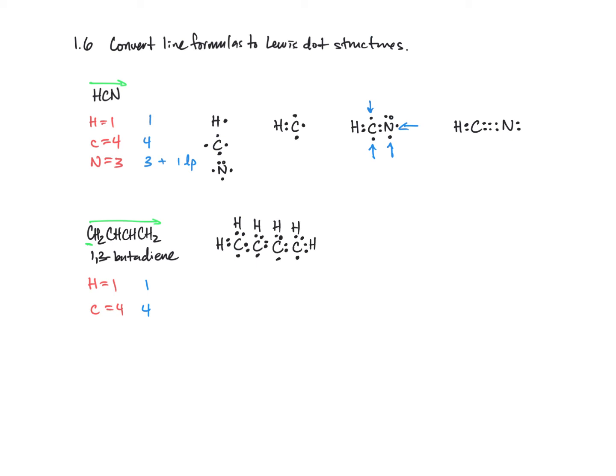Now when we look at our structure, again reading left to right, we have 2 unpaired electrons, and we're going to form a bond there. And we have 2 more unpaired electrons, and we form a bond there. So there's a bond between carbons 1 and 2, and then 3 and 4. That's where the name comes from, 1,3: the first double bond starts at 1, and the second one starts at 3.